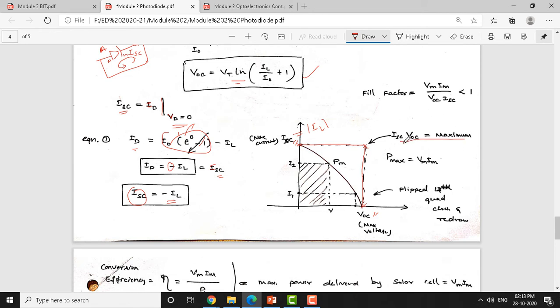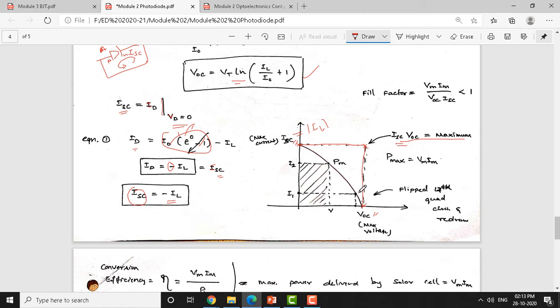This ideal energy is VOC times ISC. But practically, if you observe here, this is the maximum energy, of course, VOC into ISC. You can choose the point on this curve so that the area under this curve should be maximum.